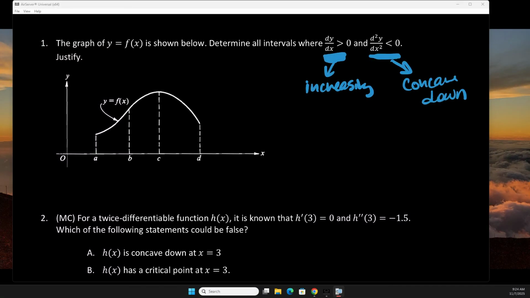Increasing and concave down. Do y'all see one? B to C, good. And your justification would be because f of x is increasing and concave down. That's all I can think of.